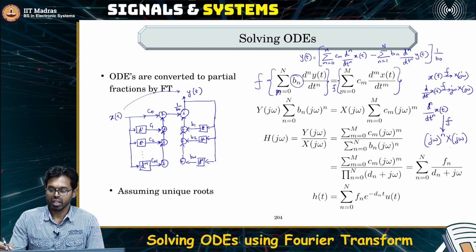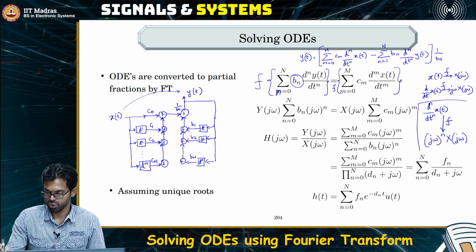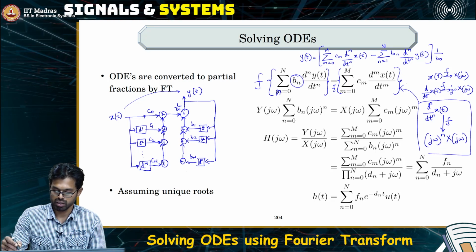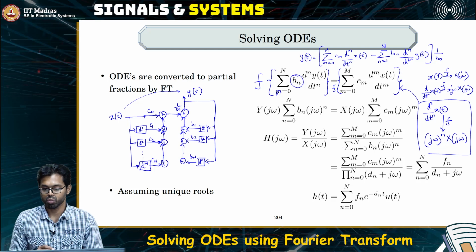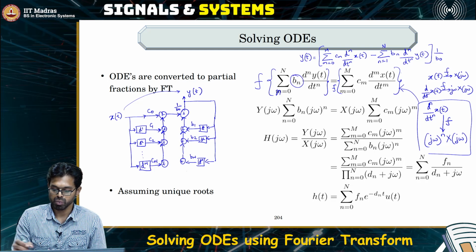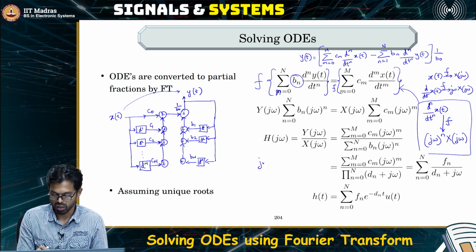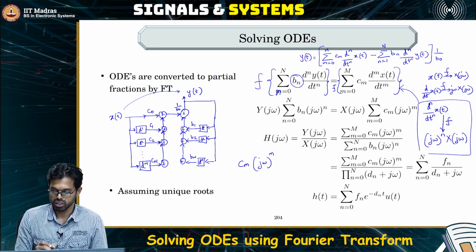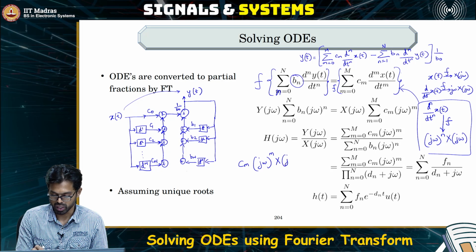Given that this relationship is true, we apply it here, and for each and every term, what would we get? We would have (j omega) raised to the power m times Cm times x of j omega.